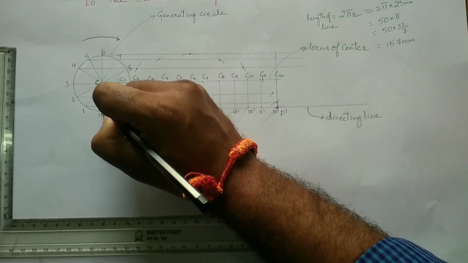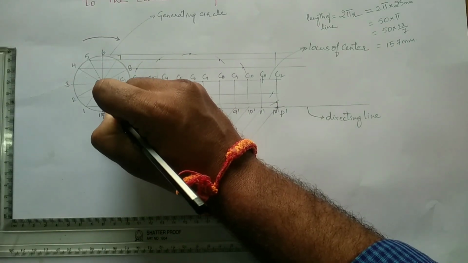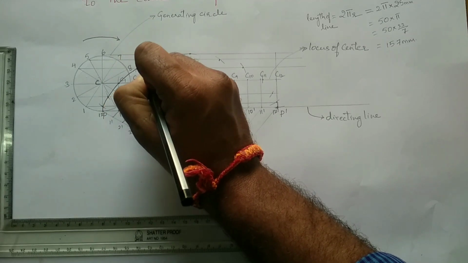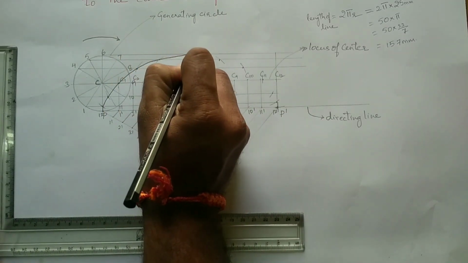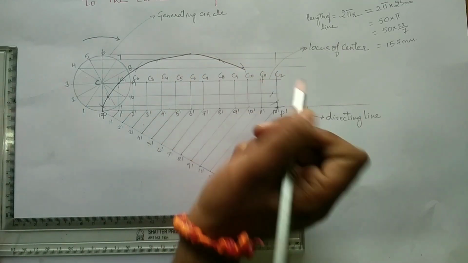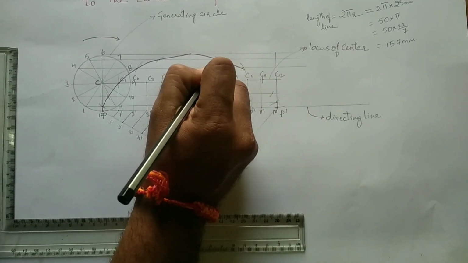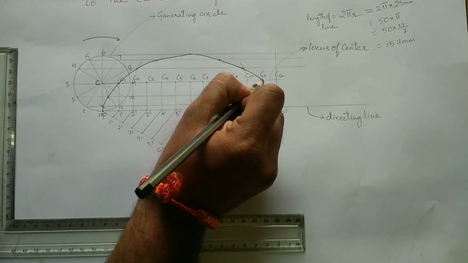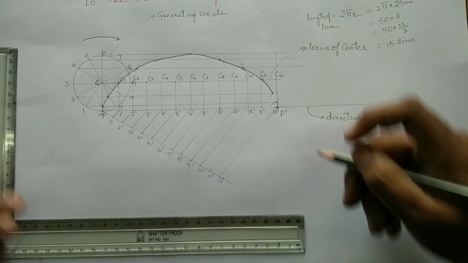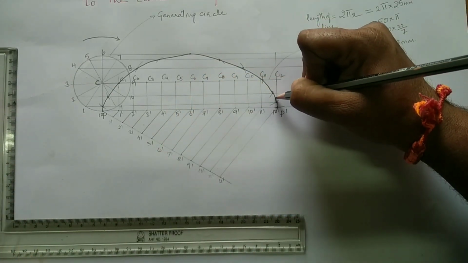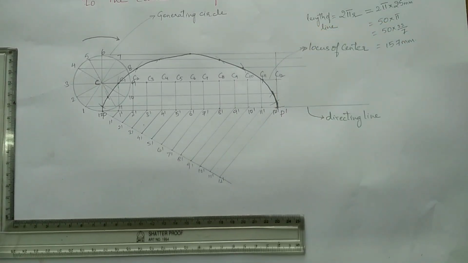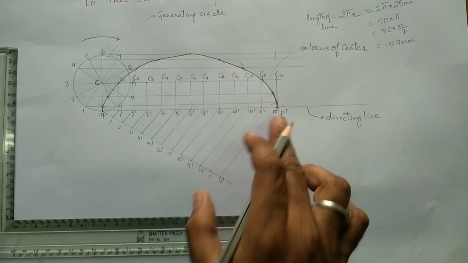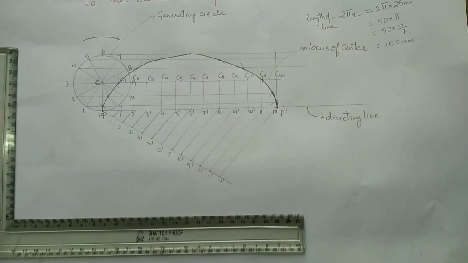Join them by a smooth curve using HB pencil. So this is how I go ahead for construction of the cycloid curve.